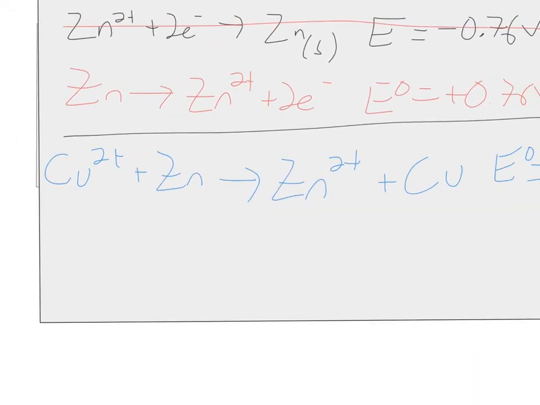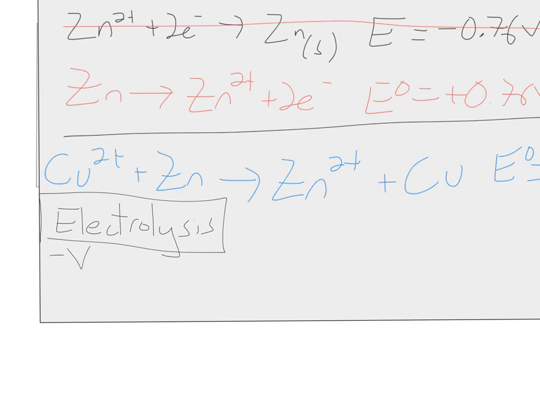The last little bit here, I'll put room here at the bottom, is when we do electrochemistry, this last little bit is electrolysis. We need to be able to do the conversions that we use with amps and volts to plate out or deposit a certain number of grams of our metals. When we have negative voltages, the reactions are not spontaneous.